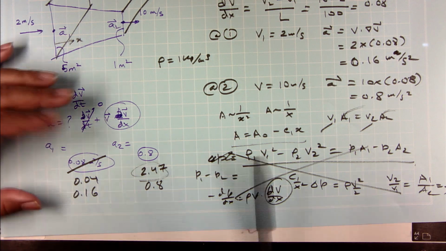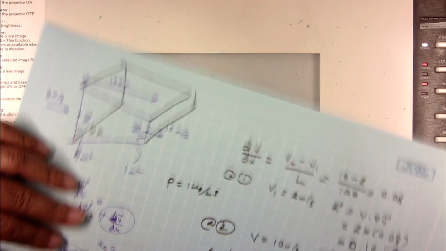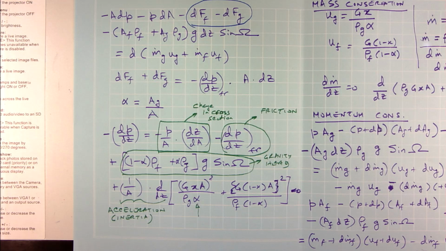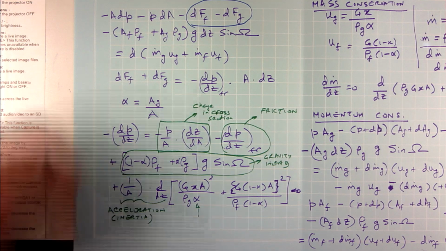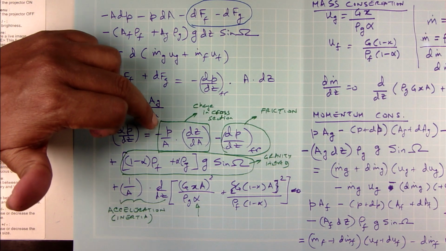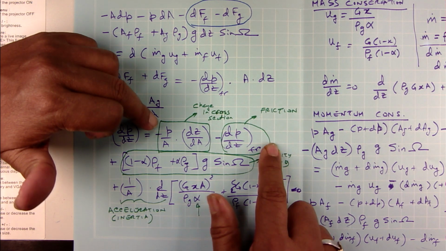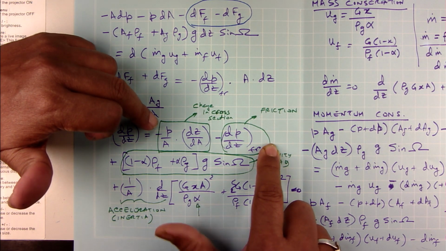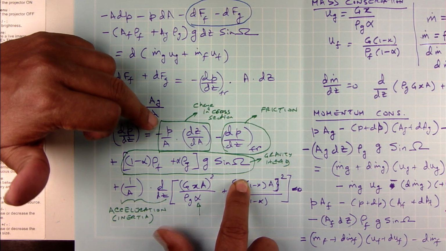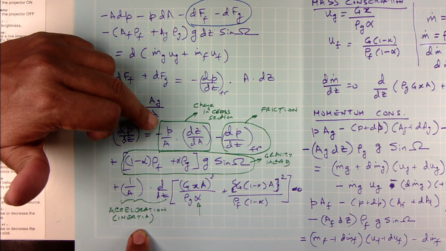Now, if I go back to the equations that I derived in the morning, so these were the equations we derived, right. So you have the component due to change in cross section, you have the component due to friction, this is the gravity head, and then this is the acceleration or inertia.